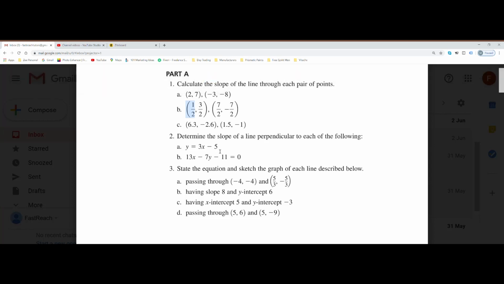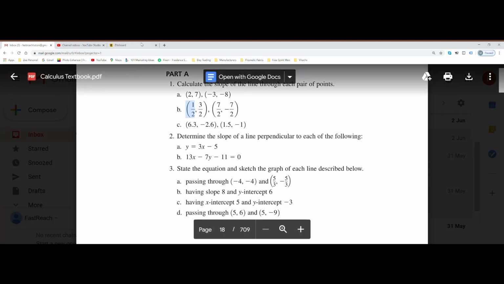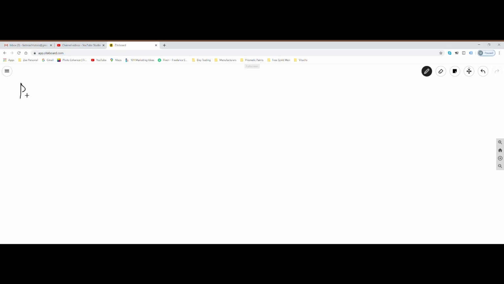So when you are doing perpendicular lines, the slopes will multiply to negative 1.